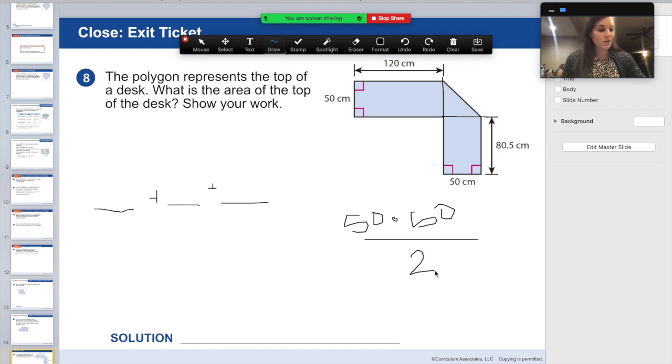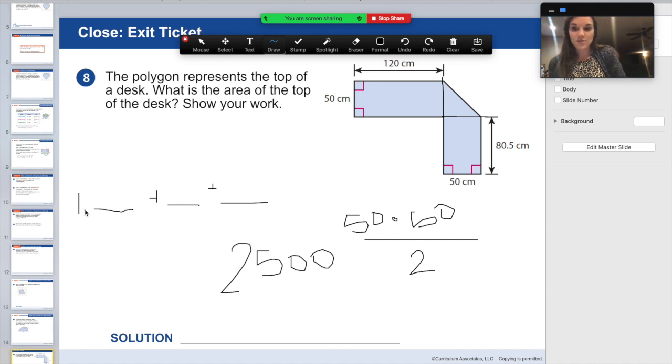If you use your calculator, which I'm going to use mine, 50 times 50 equals 2,500. Now again, I have to divide by 2. So if I divide that by 2, my first answer will be 1250. So now your job is to put the answers of the 2 rectangles here and then add them all together and find your solution. Good luck.